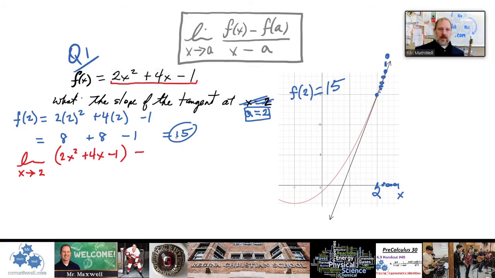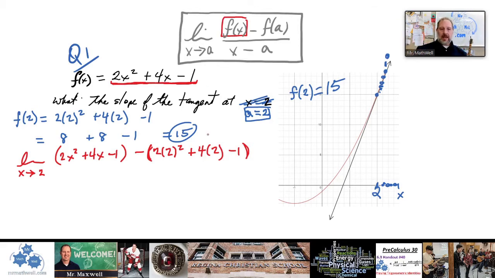Now, minus f of a. I've already done this work, but I'm going to rewrite it like this anyway. If you hadn't done this already, this is what you would do. Because this is f of a. So f of x is just the formula for the quadratic or whatever this graph is. It's just the equation of the graph.